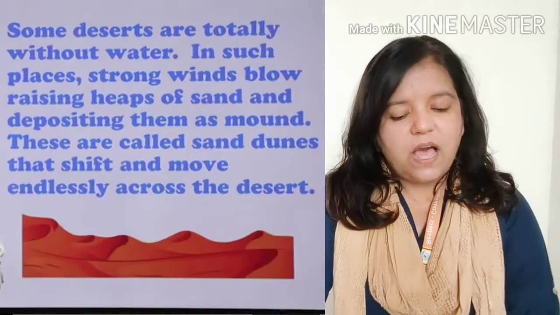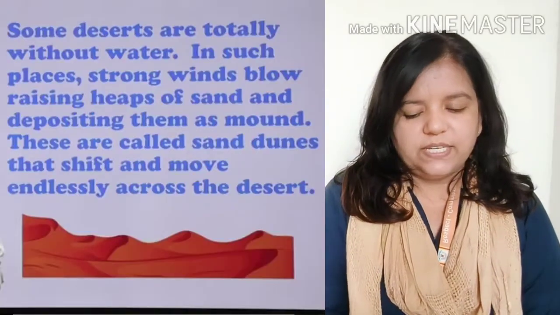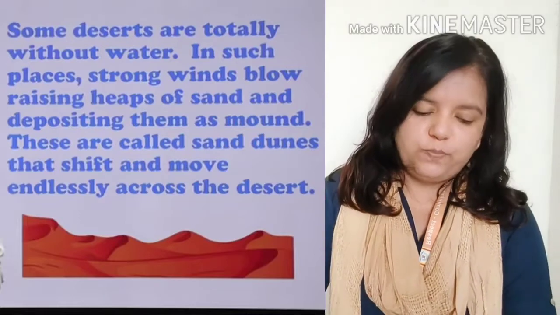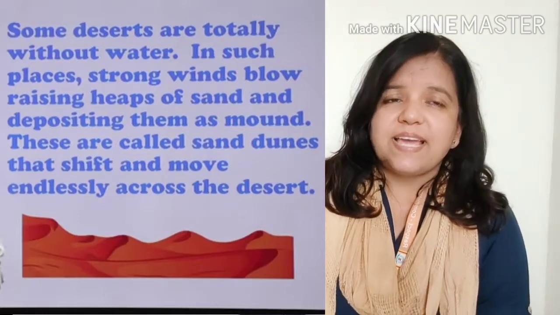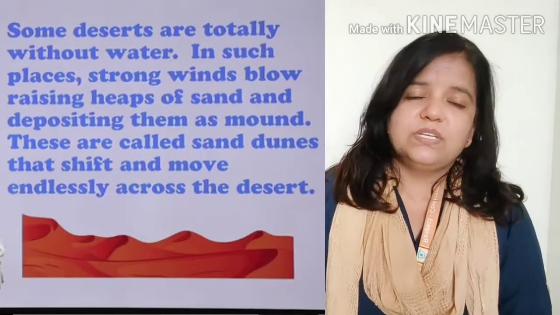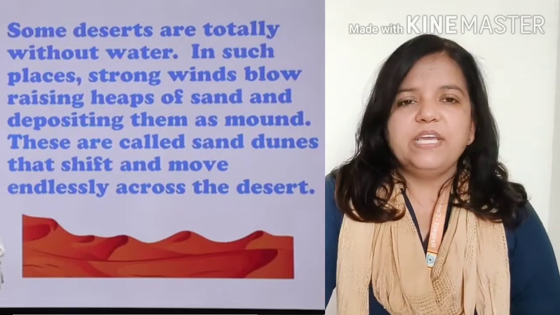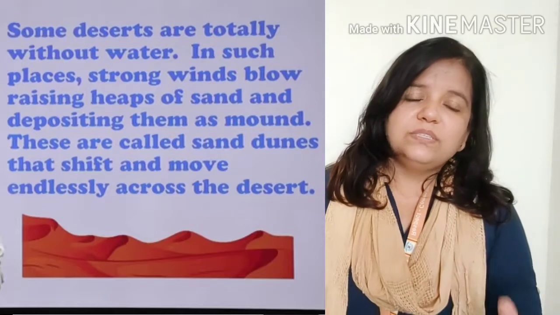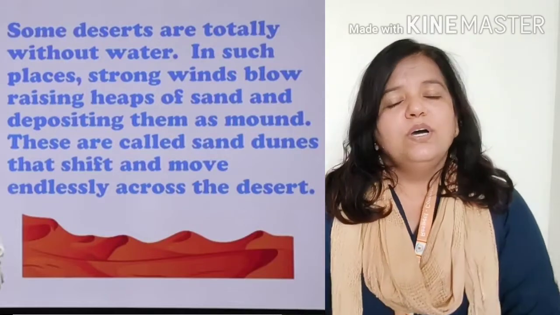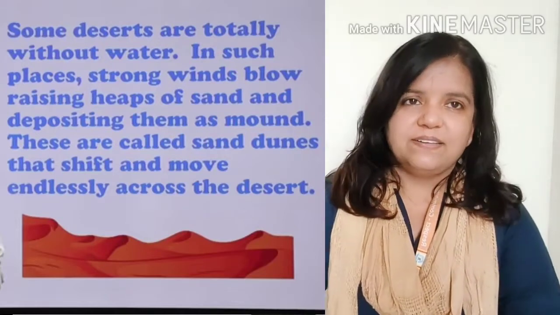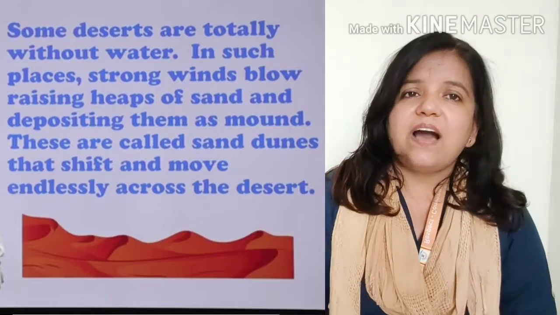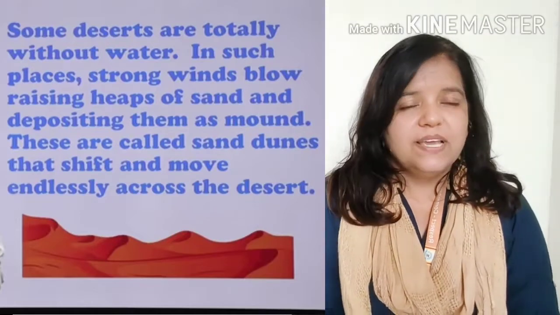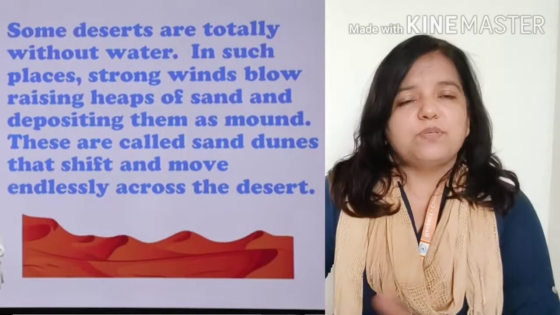Some deserts are totally without water. In such places, strong winds blow, raising up heaps of sand which are called sand dunes. Now, as the deserts are very hot, the winds keep on blowing. The winds form heaps of sand, and those heaps of sand are called sand dunes, and these sand dunes keep on shifting.